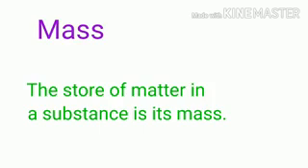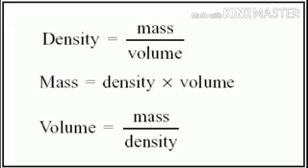Mass is the amount of matter in a substance. So write down this definition in your notebook. We are very much curious about the interrelation between the volume and mass of a substance. So for that, have a quick look.